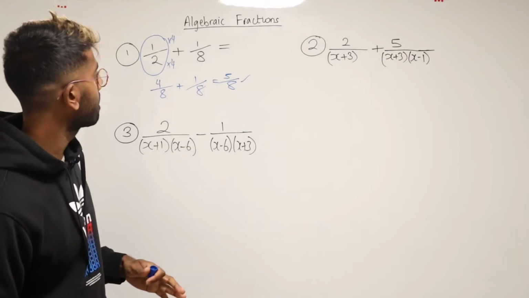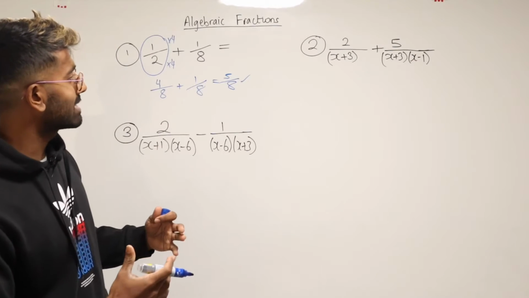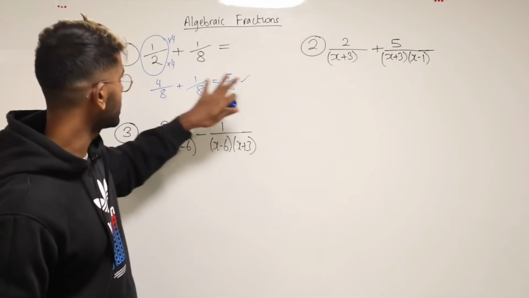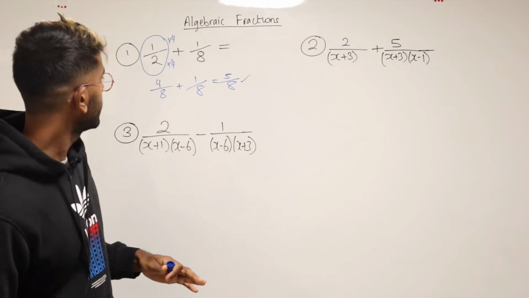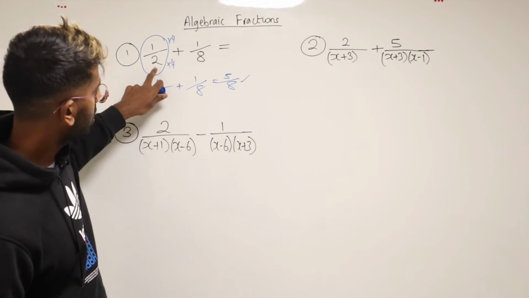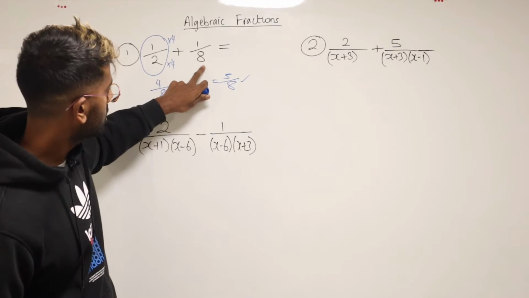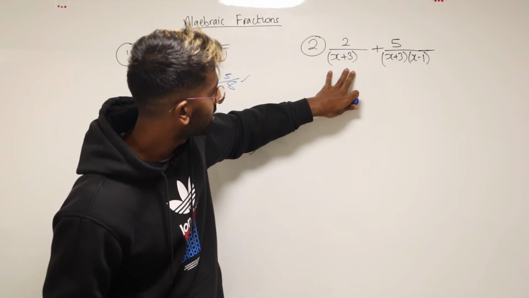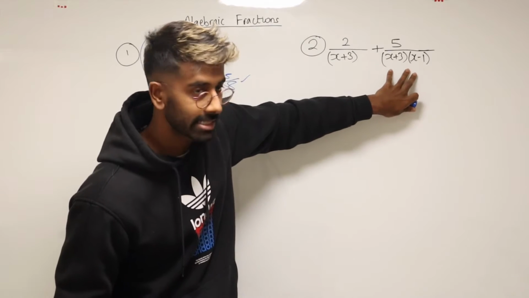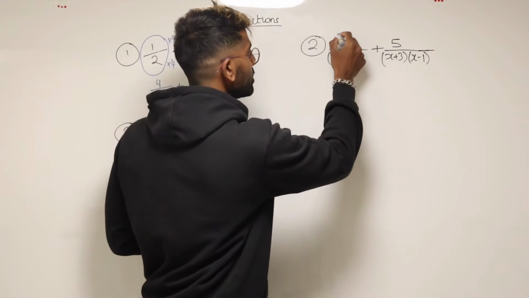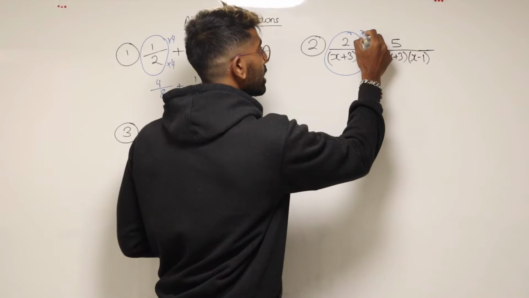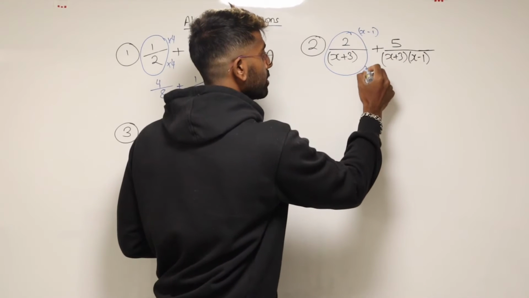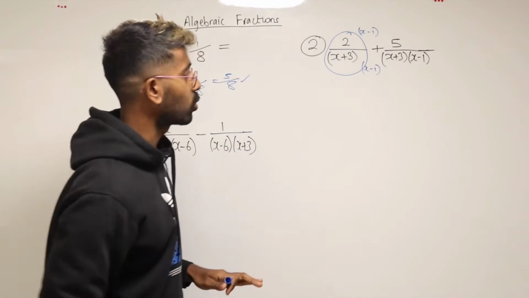And that's all good. And now what we need to do is understand this is actually exactly the same as this example, because just like we could turn the 2 into 8 by just multiplying it by 4, we can turn this x plus 3 into this denominator here by just multiplying this fraction by x minus 1 and x minus 1.